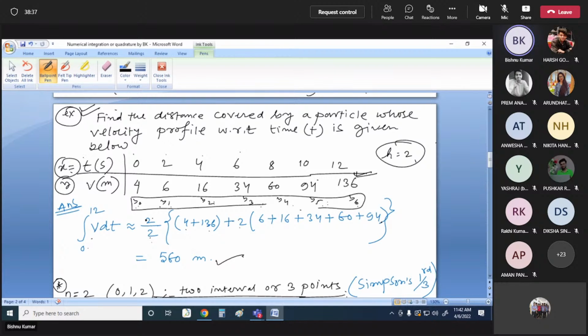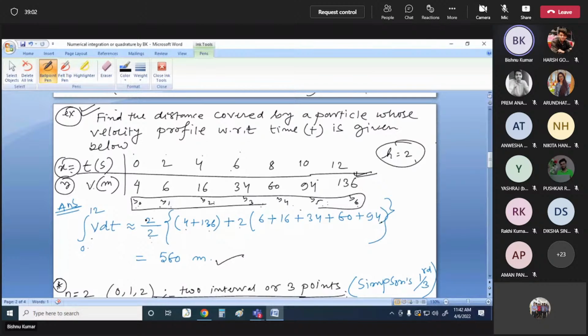T is basically the x value and V is the y value, velocity in meter. Its velocity measurement is given to you up to 12 seconds. Now it is asking how much distance that particle has covered in 12 seconds. That will be calculated with the help of the integration of V dt from 0 to 12.